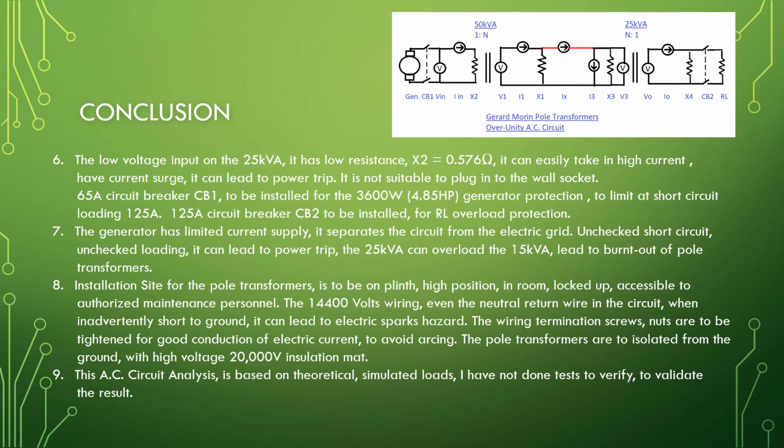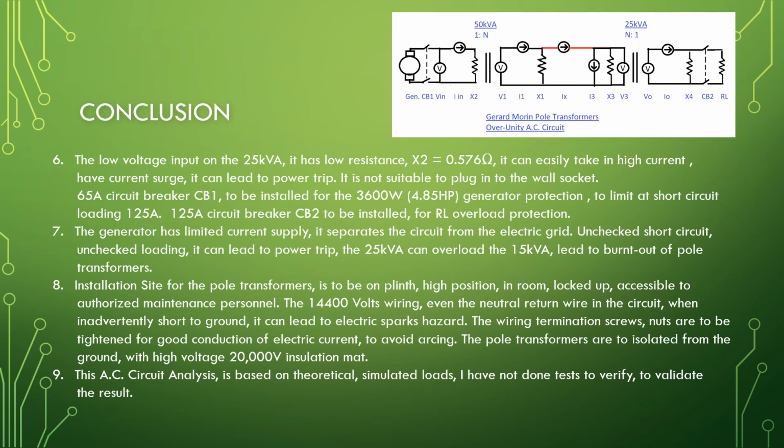Installation site for the pole transformers is to be on plinth, high position, in room, locked up, accessible to authorized maintenance personnel. The 14,400 volt wiring, even the neutral return wire in the circuit, when inadvertently shorted to ground, can lead to electric sparks hazard.